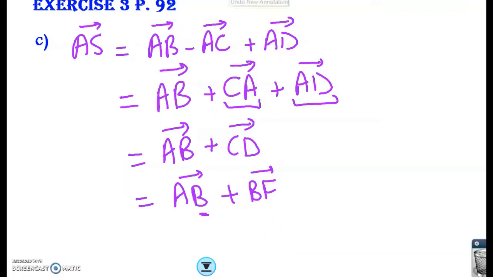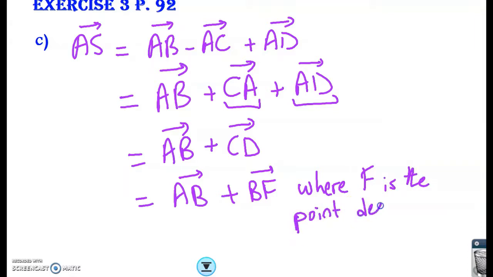Okay, so when I write here BF, I have to define what F is, because F is not a point in the given. So I have to say where F is the point defined by BF equal CD.